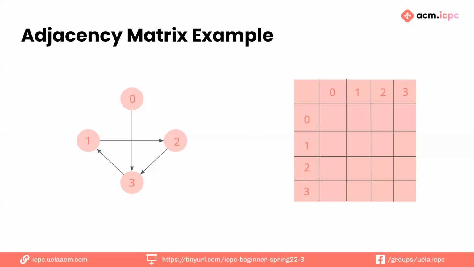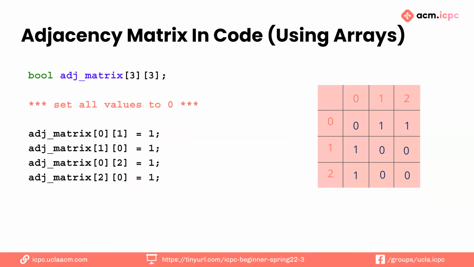Right, 2 to 3, and from 3 to 1. Okay, cool. Yep, that's exactly correct. That's the adjacency matrix representation of this directed graph. Nice. And to see it in code, you just set it to 1, and you're good.